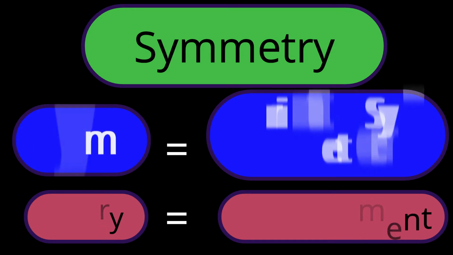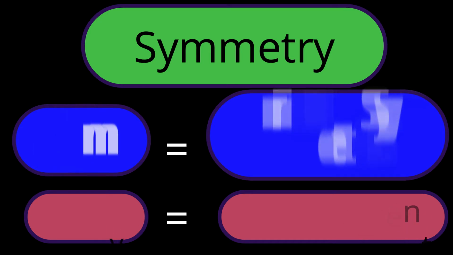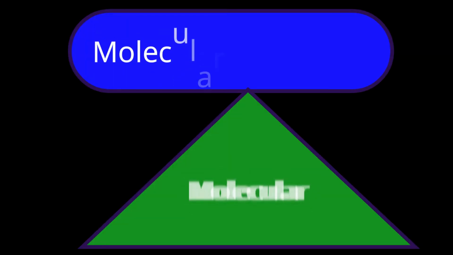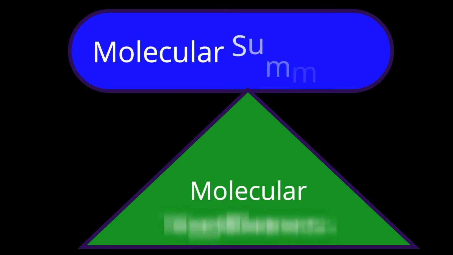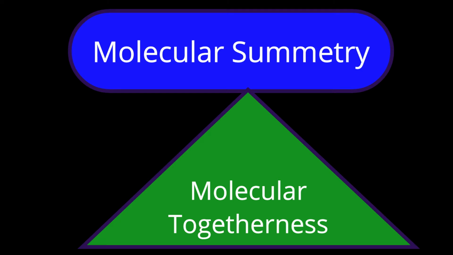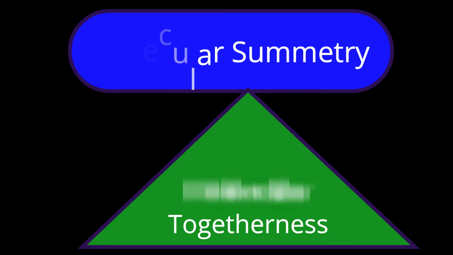How can we do that? Let us understand it by the term molecular symmetry. What does molecular symmetry mean? Yes, it is a measurement of molecular togetherness. If we need to measure anything, or if we need to construct a thing with measurement, then we need elements, we need tools.